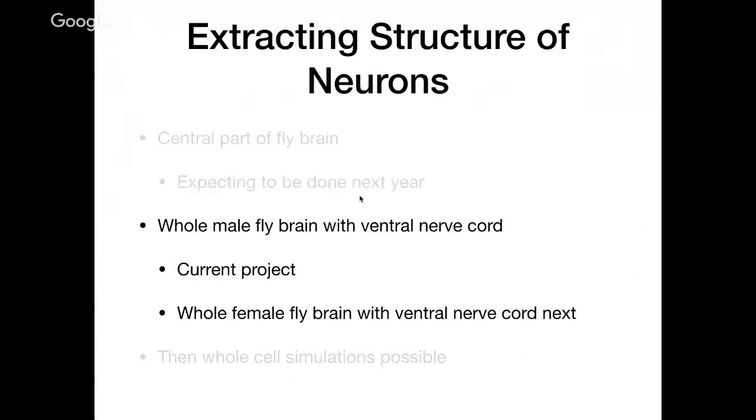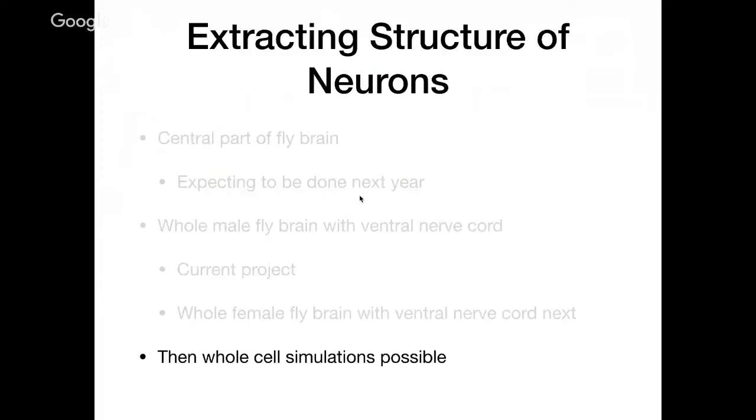They're also slowly moving towards the whole male fly brain with the ventral nerve cord, which is a current project. When they finish that, they would then work on the whole female fly brain with the ventral nerve cord. After that, it will be possible to have large-scale simulations of everything going on in these fly brains, which is quite exciting to think about in the near future.